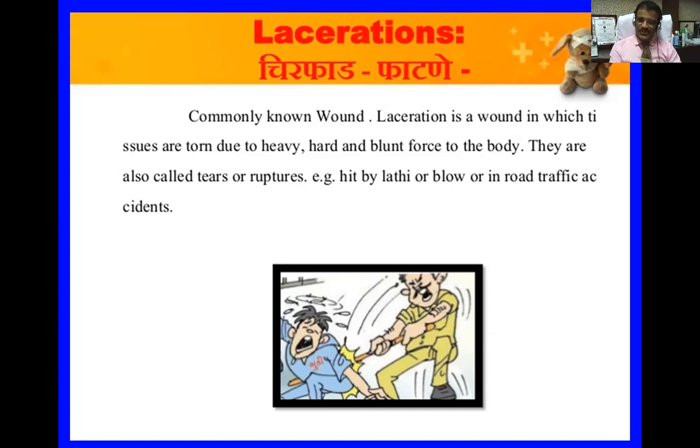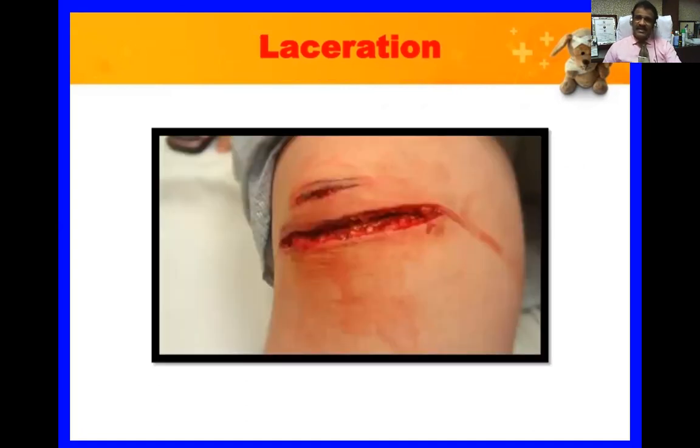He's hitting with a police stick, but this will cause a tramline bruise or tramline contusion. But the same stick applied with a great force may also cause lacerations. So it is included here. Here you can see a simple lacerated wound. This comparatively is quite simple, but if you see the edges, it looks lacerated.